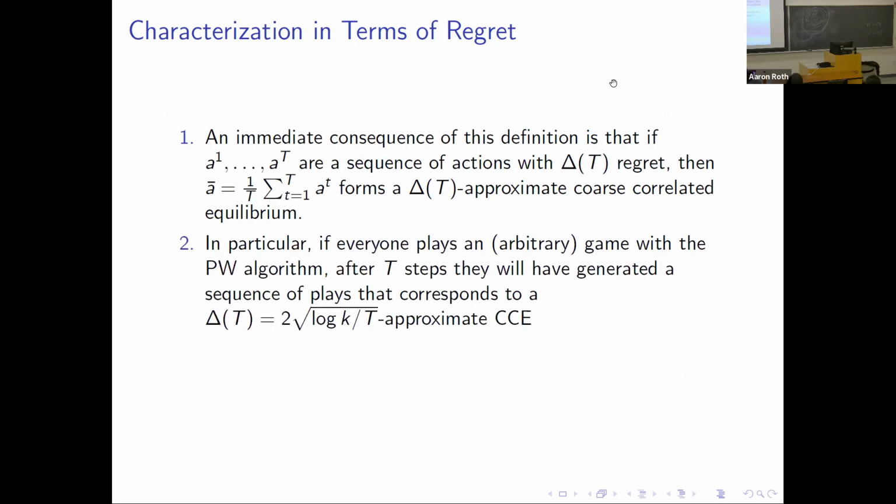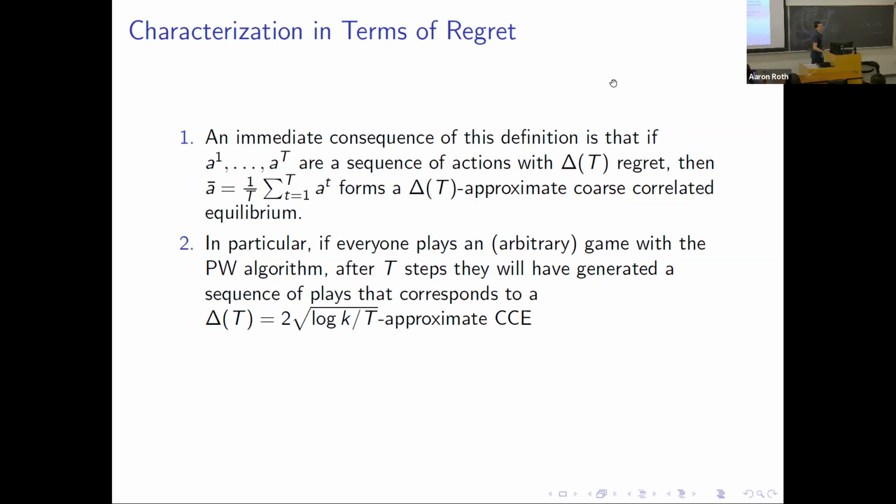Okay. And so in particular, that means that we already know a learning dynamic that converges to coarse correlated equilibria in every game. The polynomial weights algorithm does it. Because we know that if every player plays according to the polynomial weights algorithm, then no matter what their opponents do, their regret to the best fixed action in hindsight, equivalently their regret to the best constant strategy modification rule, goes to 0 at a rate of root log k over t.